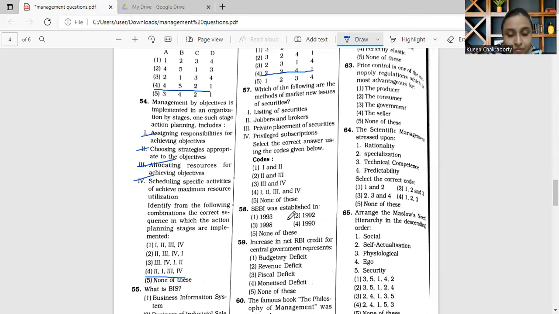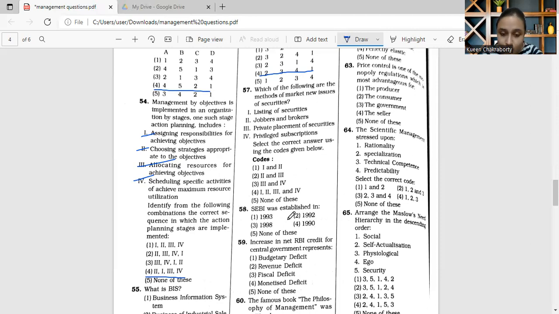Okay. See, listing of securities is not the measure, right? Then coming to jobbers and brokers, they are also not related to issuing of new securities, right? Let's see.